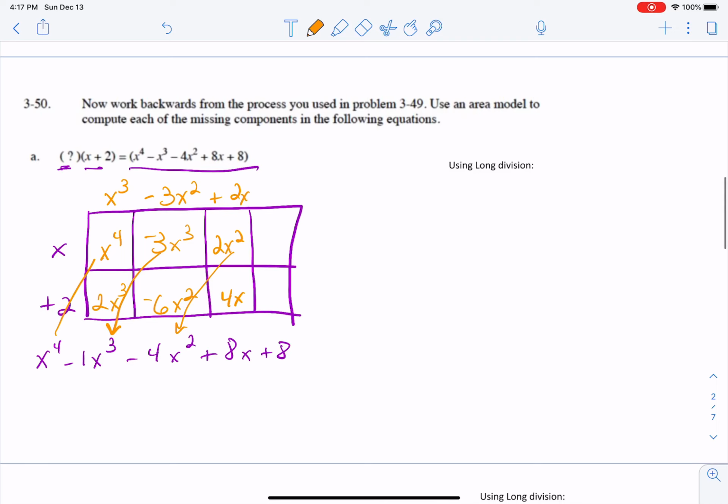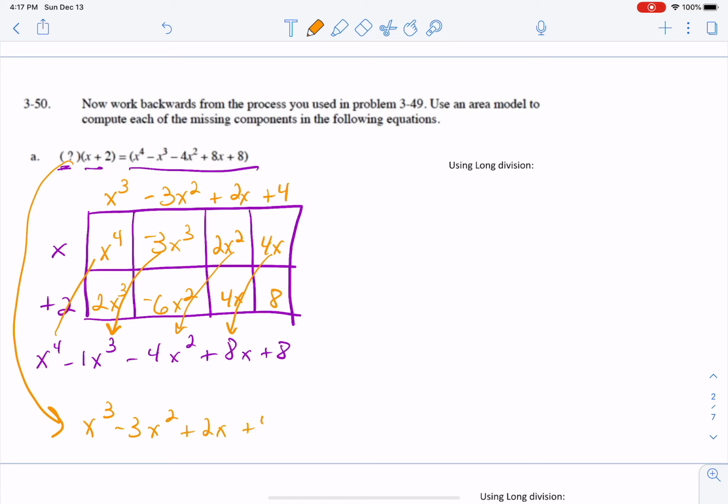And lastly, what plus 4x is going to give me an 8x? 4x. So my missing component in this problem is x cubed minus 3x squared plus 2x plus 4.